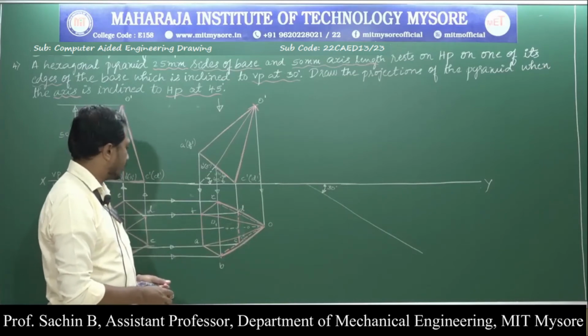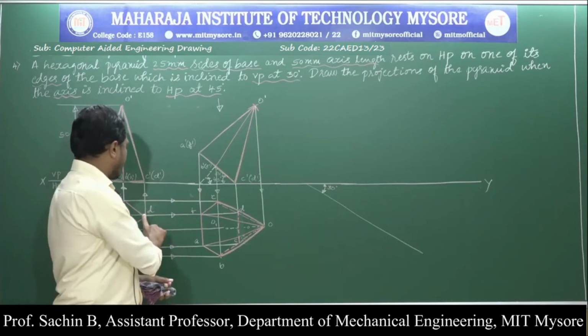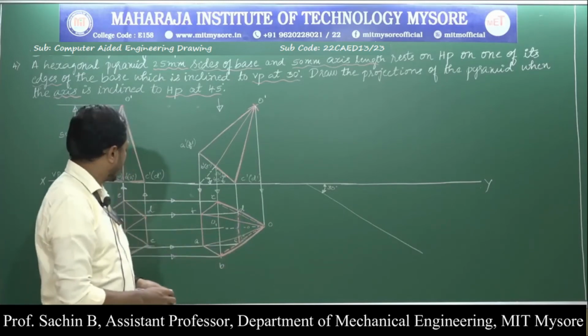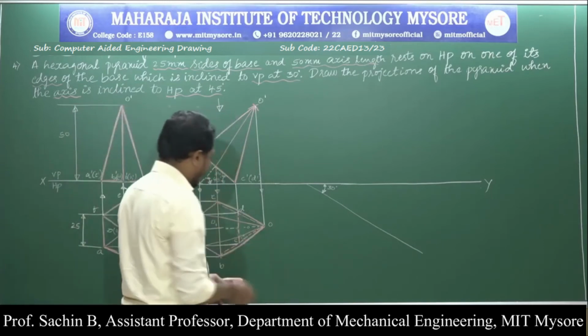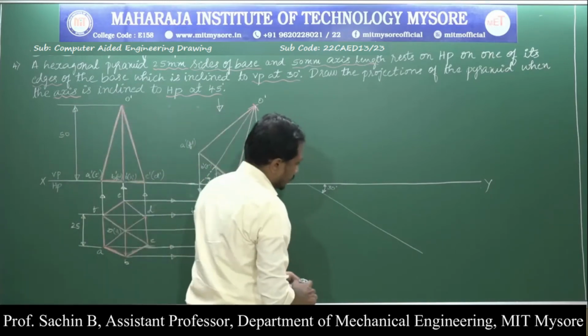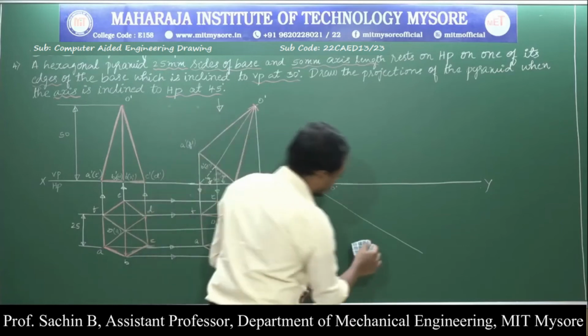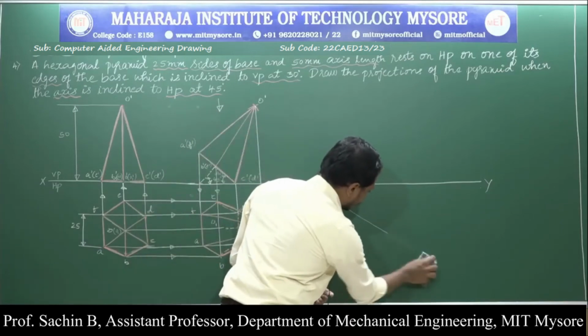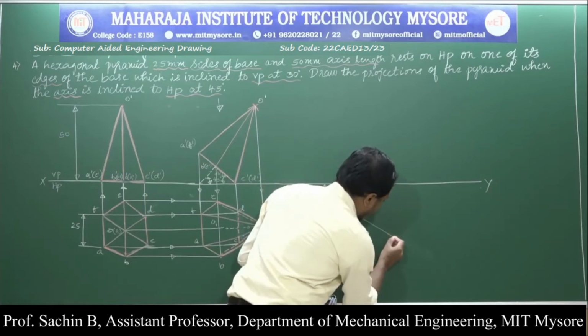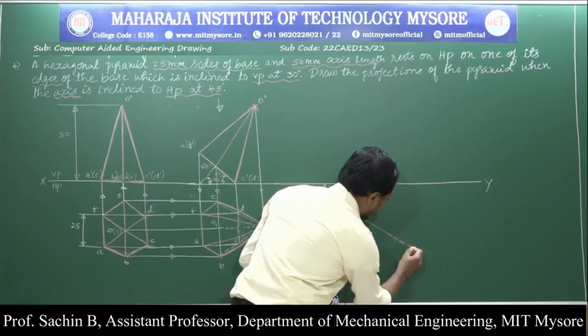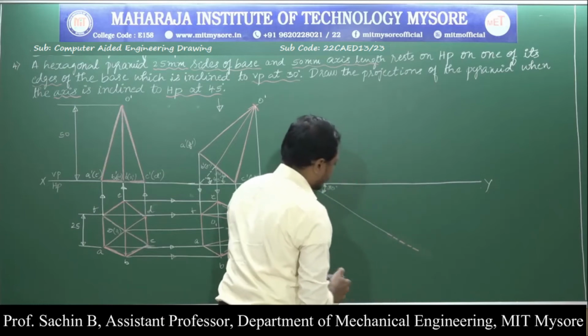That is nothing but the C to D true length for the first position, and also for the second position the true length will remain the same. Based on that, I'll measure the C to D length and mark that C to D line over here.